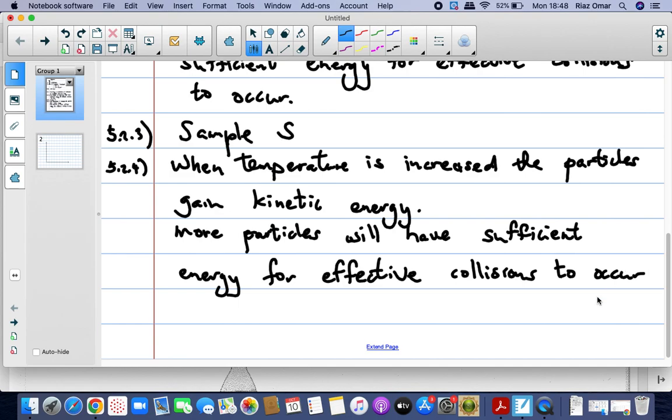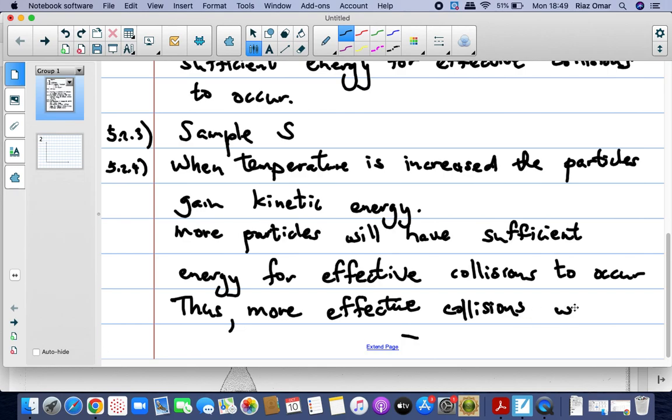So more effective collisions will take place. Okay, something to that effect.